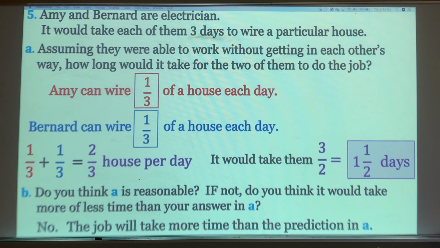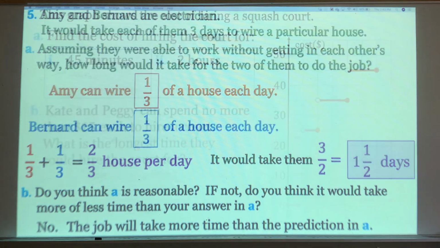It would take a little more time just because there are more difficult things to do in wiring houses, someone has to do the difficult job, you have to call people to help you out and things like that. But that's getting really technical. I personally think it's pretty reasonable, but technically it's not. It would take a little bit more time.